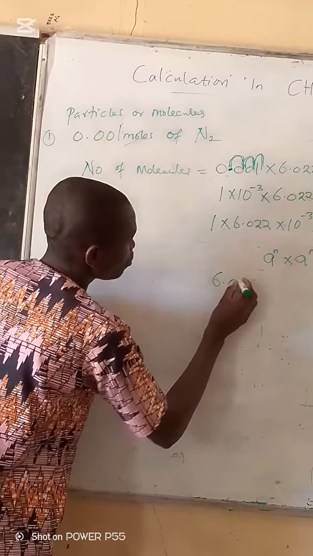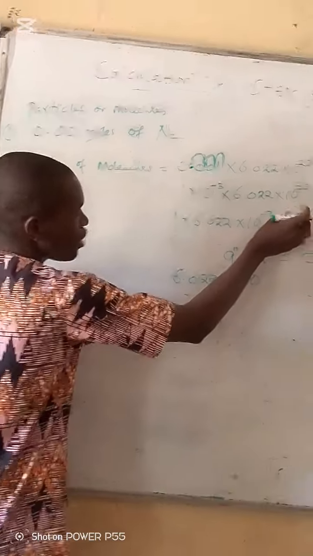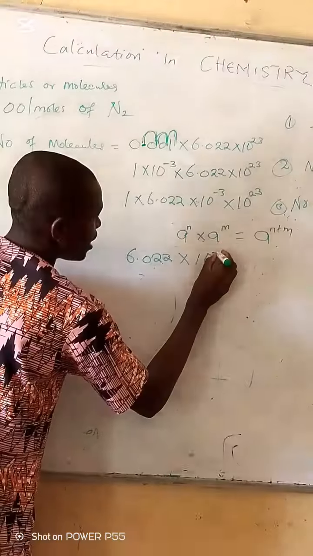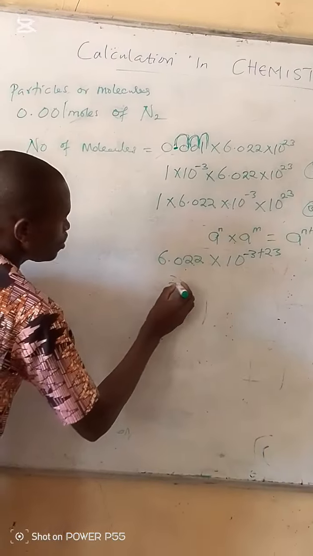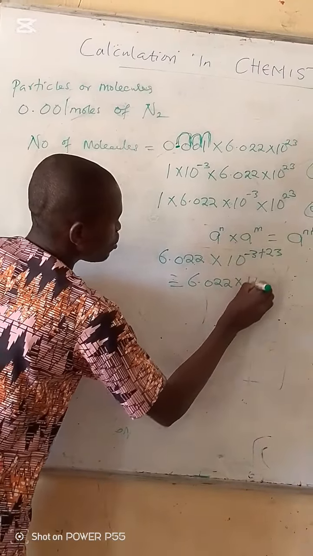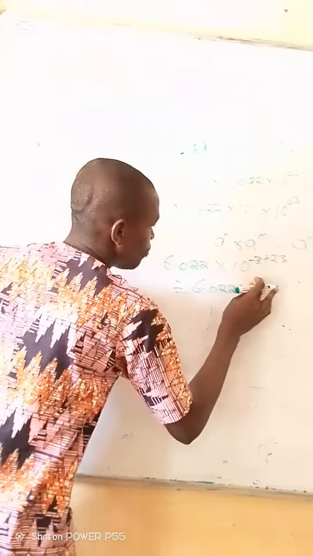So I have 6.022 times 10 raised to power. So I'm going to add the powers now, following this rule. So it will be minus 3 plus 23. This will give us 6.022 times 10 raised to power plus 20.